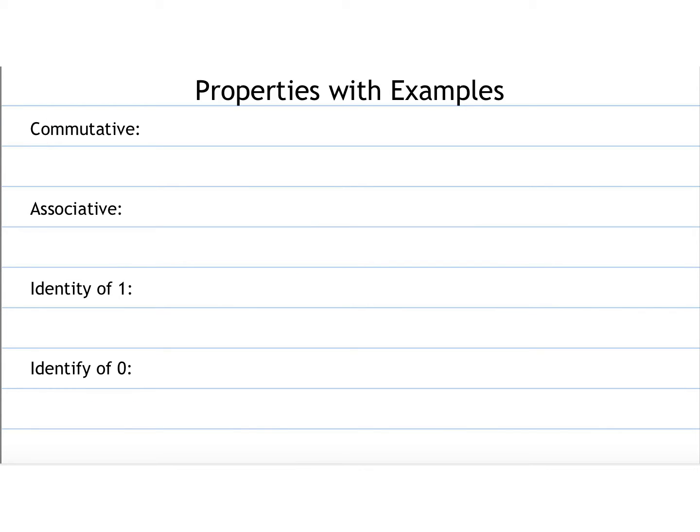So we kind of touched on this on the last slide, but let's go ahead and think about some examples. So copy these examples down as you do them. Commutative property: again, you can change the order, but it does not change your answer. So let's look at some examples. We could have 8 plus 2, or we could do 2 plus 8, but either way we get the same answer.